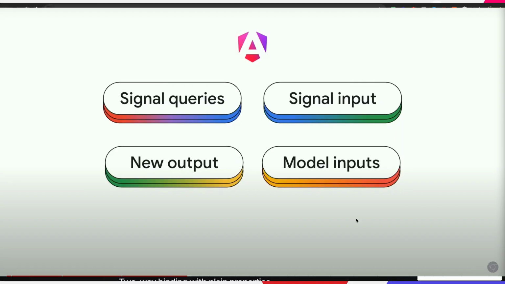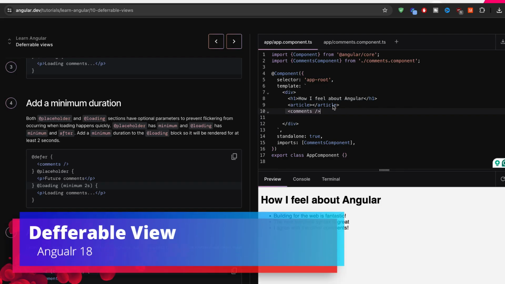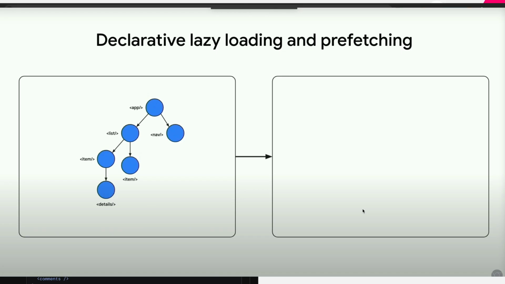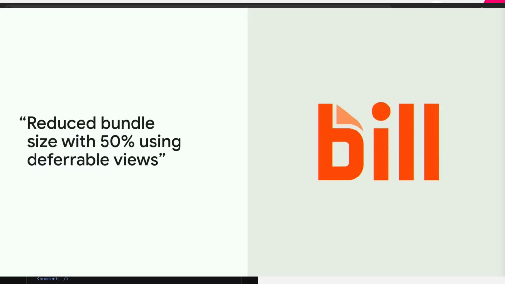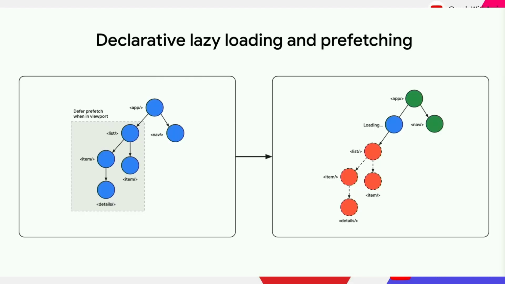Let's talk about the next thing, which is Deferrable views, which are now more stable. The Angular team has received very good feedback from the developer community about Deferrable views, and one example is build.com, which shared that by using @defer, they reduced the bundle size of one of their applications by 50%, which is a huge number, right?